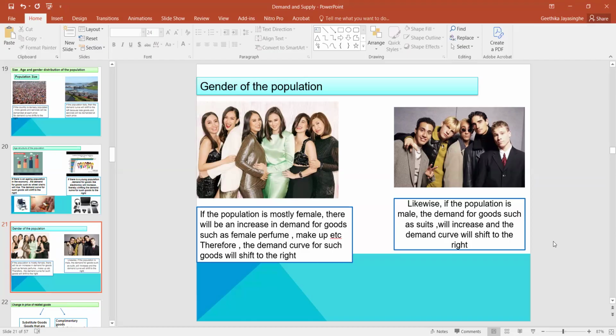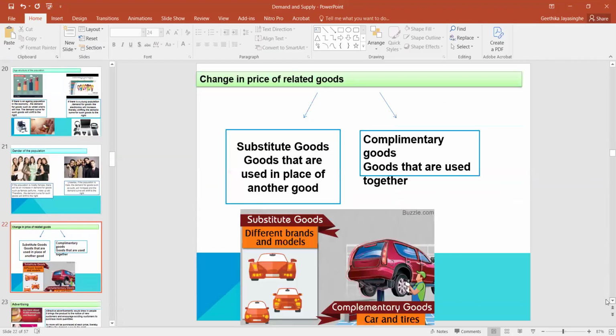If there are more boys and fewer girls, but the school gives an equal number of washrooms, sometimes the boys' washroom is overcrowded and the girls' washroom has very little crowd. So from time to time it changes. These are all situations.